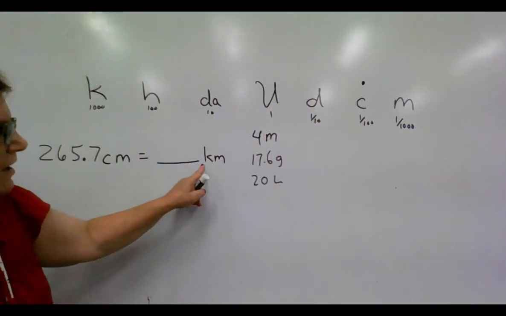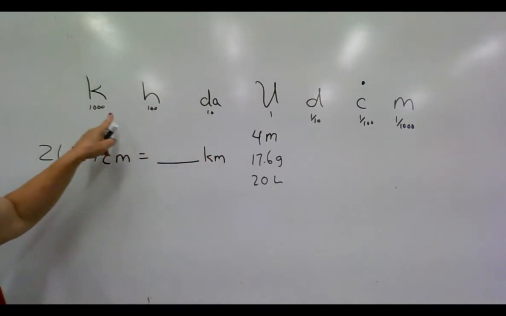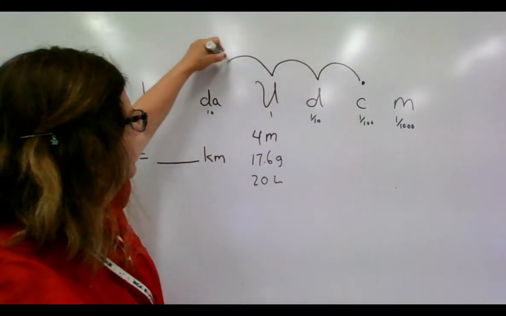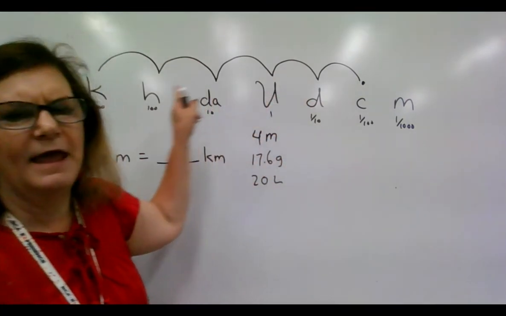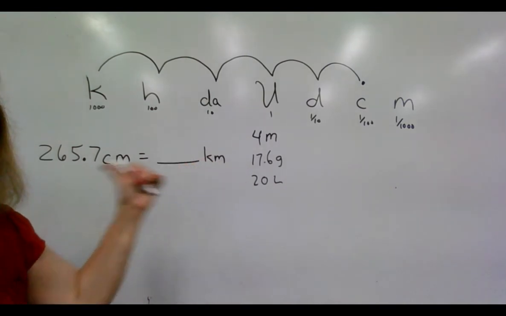And I want to go to meters with a K. Okay, meters with a K is all the way over here. K is over here. So I'm going to go 1, 2, 3, 4, 5. Notice I hit every unit in between. I made 5 jumps going in that direction.